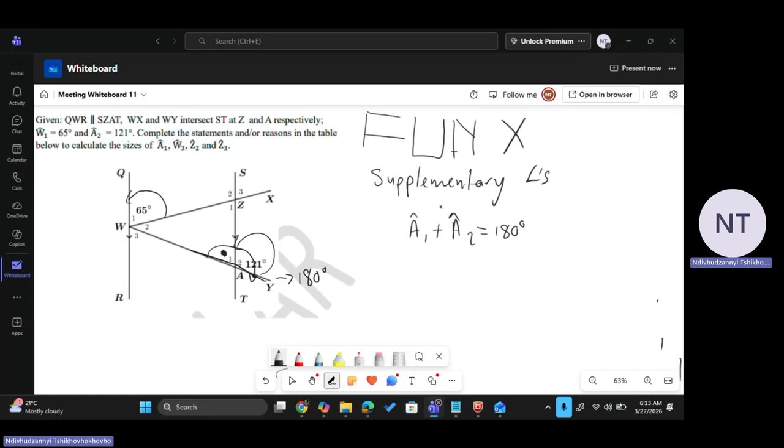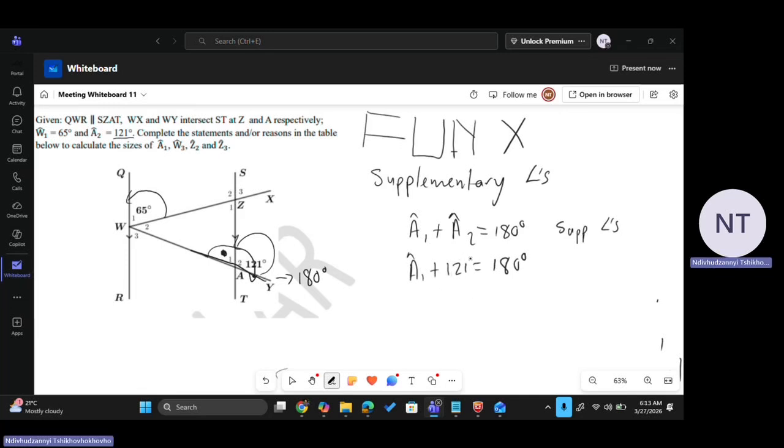What are we using? We are using supplementary angles. Then already we have A2. It was given to us as 121. So you're going to say A1 plus 121 is equals to 180 degrees.